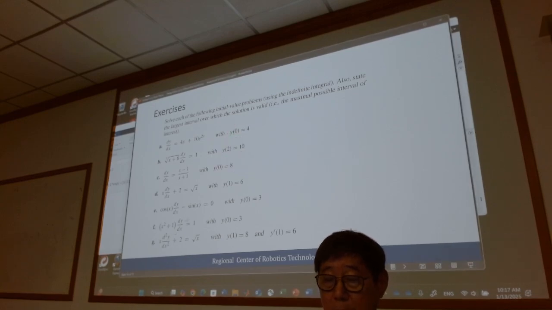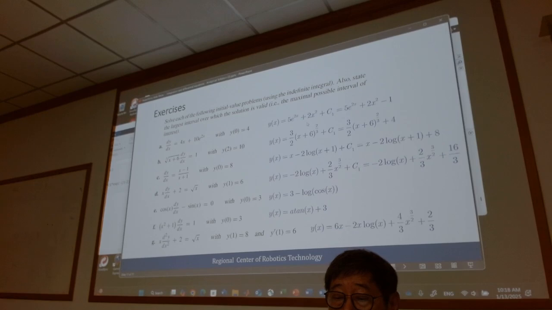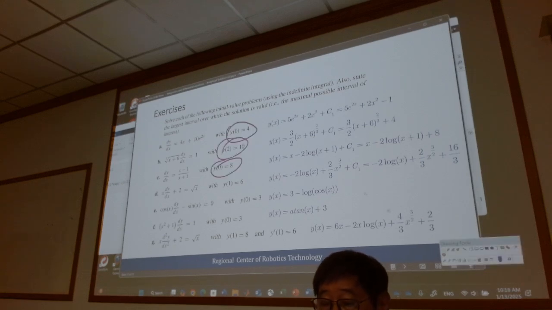Similar to this one. So C1, you indicate this one, you substitute y at x equal to 0, right? You can find C1. This one, C1 equal to 1. See, you have this solution, right?